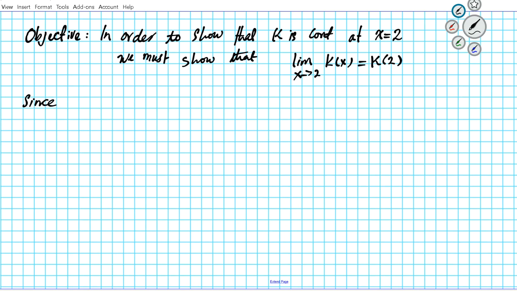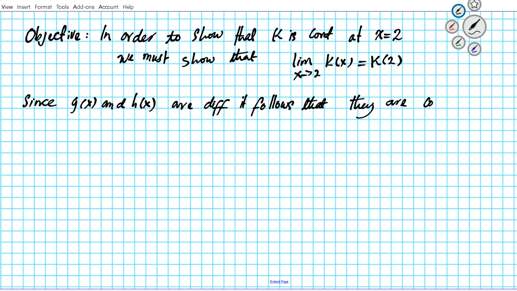Since g of x and h of x are differentiable, it follows that what? It follows that they are continuous. The condition for differentiability is continuity. All right?